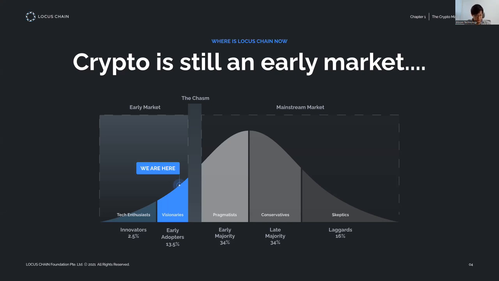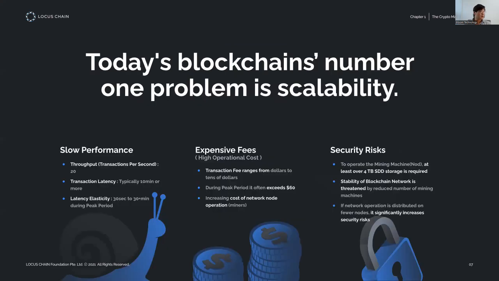So after I explained all this, but before we move on, I'd like to cover the basics of what a ledger and what a node is, so that you can understand better just how great the verifiable pruning technology is. As I explained earlier, the critical issues about the blockchain are slow performance, expensive fees, and security risks.